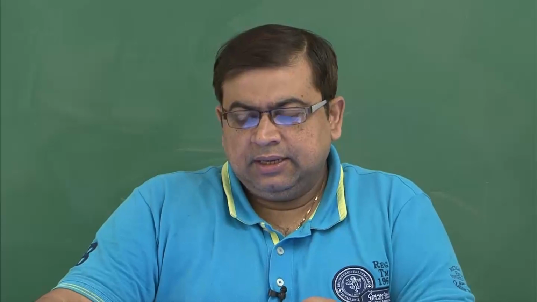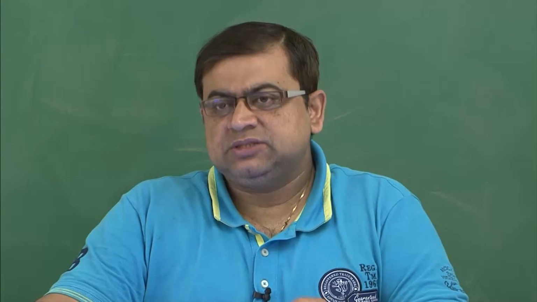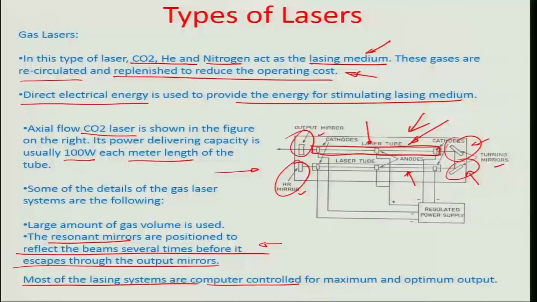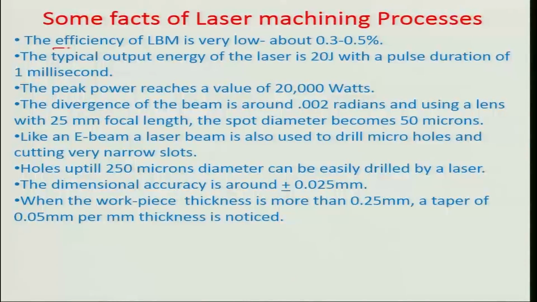Let's look at some of the performance parameters or performance metrics of the laser beam machining process. We have the efficiency, which is about 0.3 to 0.5%, very very low. Typical output energy of the laser is close to 20 joules. You can have a pulse duration of almost 1 millisecond. This has now gone to quite small values.